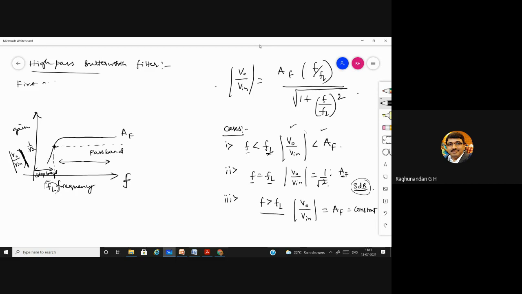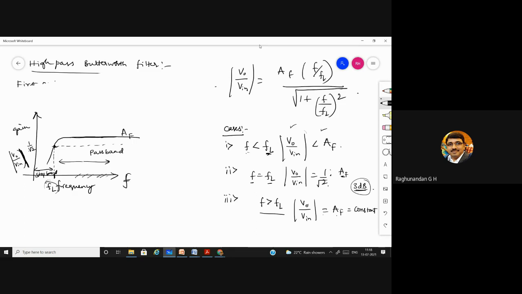Then we'll take F is greater than FL. Whatever the frequencies which we get after FL, in those frequencies, V naught by V in will be equal to AF. So you can see that it will be maximum. The gain will be maximum and it will be constant. So this is how the first order high pass filter is going to work.